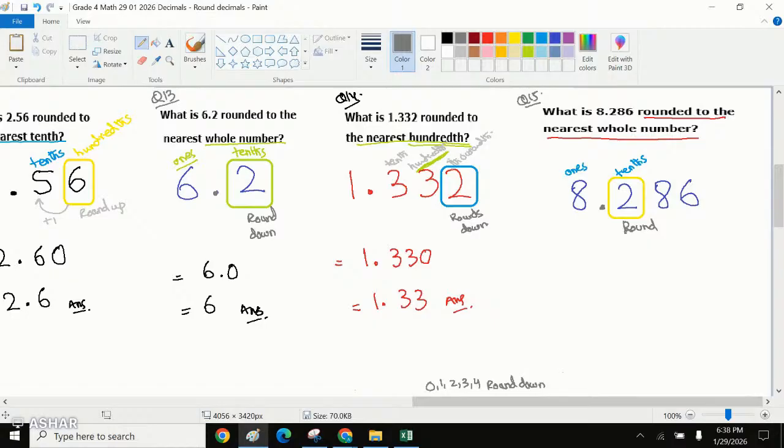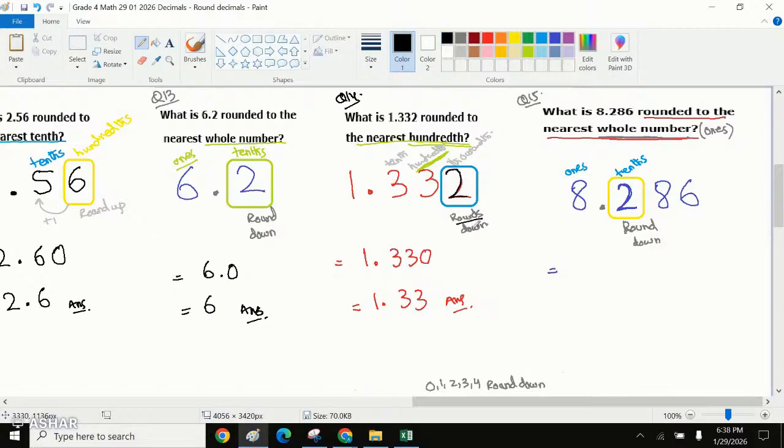We are doing it to the whole number. The whole number is basically the ones position, right? This is round down. That means this number 2 will not add anything to this number, right? If it's rounding down, let's look at the previous. This was a 2 over here.